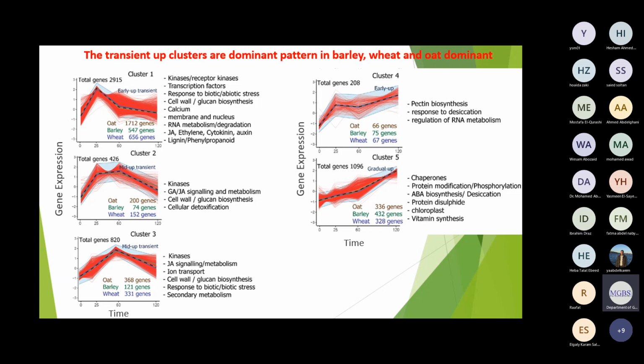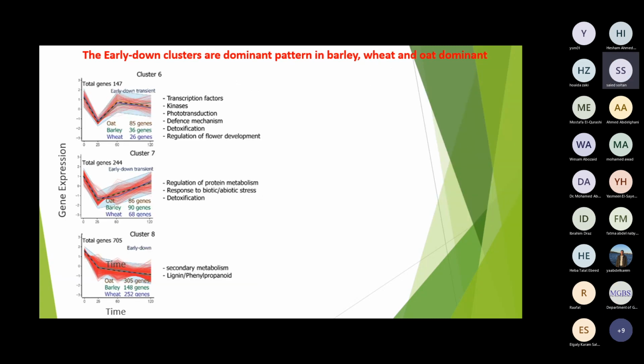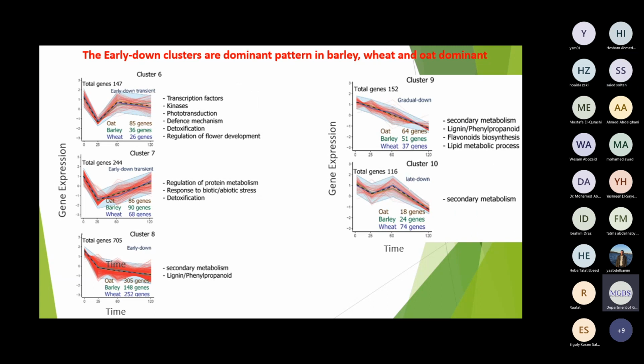And this fits with what we found before in Arabidopsis plants, that these components are related to touch response in plants. For down-regulated genes, lignin and secondary metabolites were affected and representative.